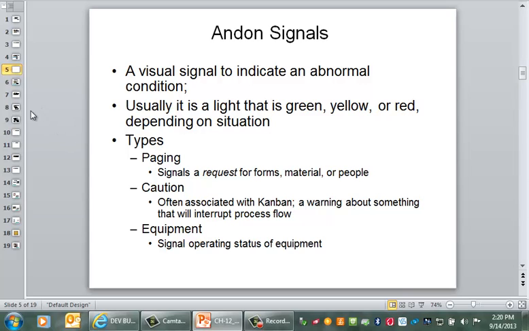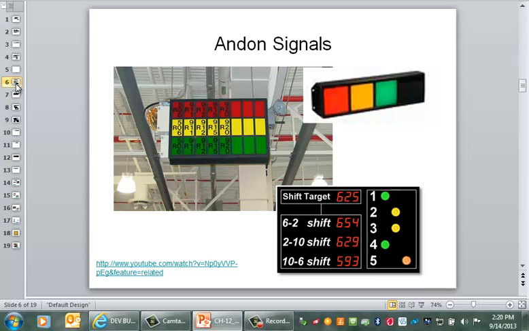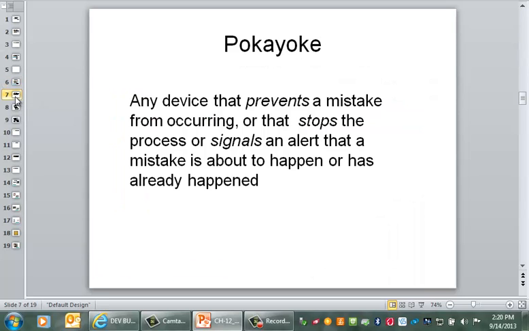Now, as far as Andon Signals, they come in lots of ways. They're visual signals. They could be lights, green, yellow, red, or we'll see some examples here. So here you can see an example of what goes up or what is lighted depending on the situation.